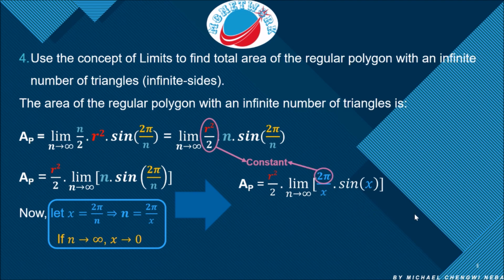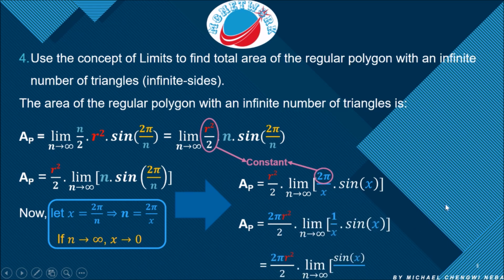So that constant can be moved out of the limit operation, and we are going to have the new expression. A sub p is going to be 2 pi r squared over 2 multiplied by the limit of 1 over x sine x, which is just equal to 2 pi r squared over 2 multiplied by the limit of sine x over x.